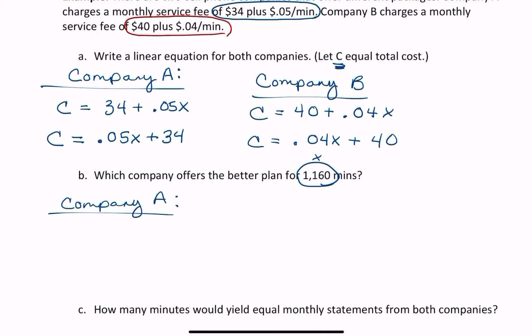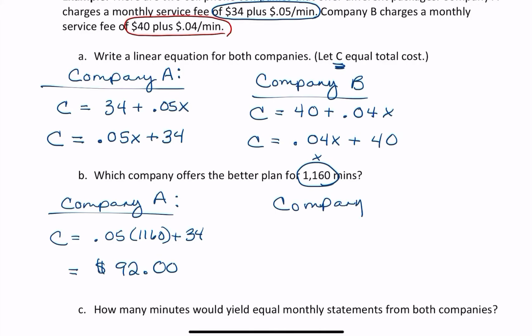If I plug that in for the cost, I've got 0.05 times 1160 plus 34. And when you work that out, you're going to get $92 is your cost with Company A. Company B, we're going to do the same thing, but use its equation.